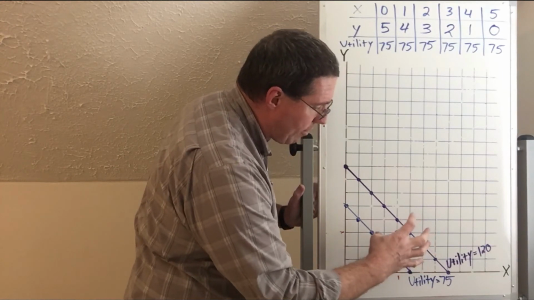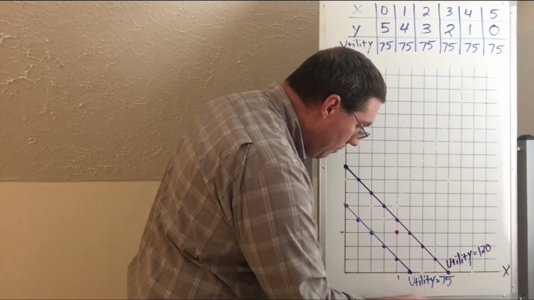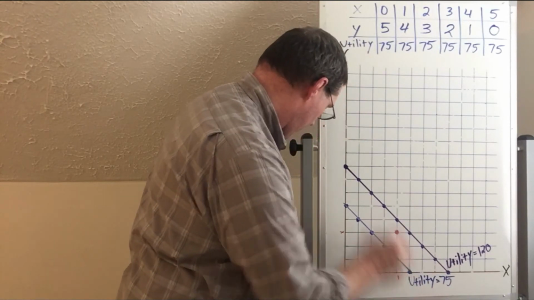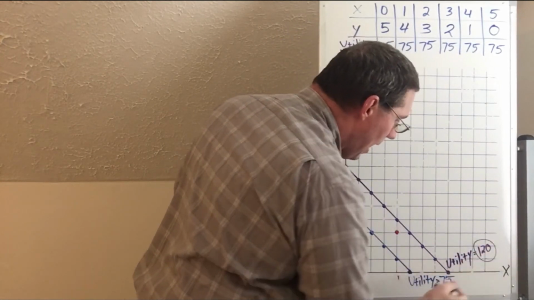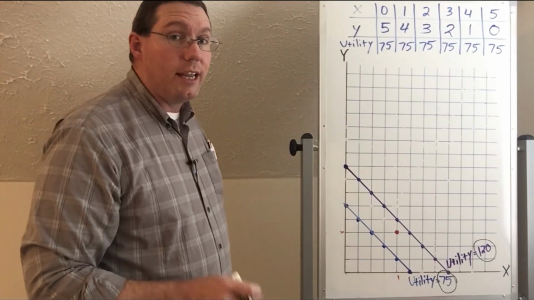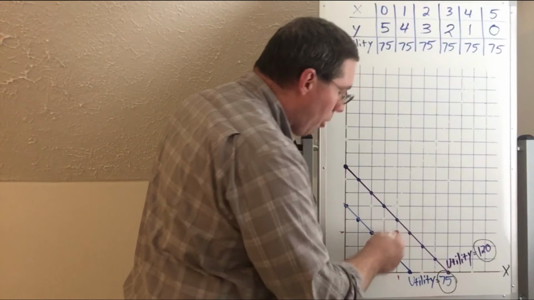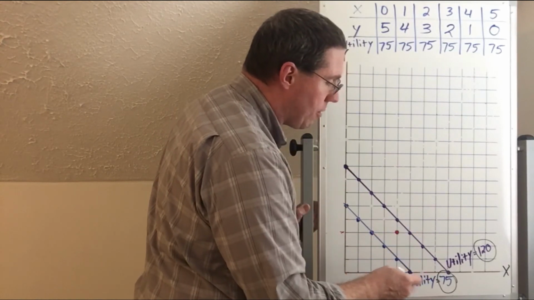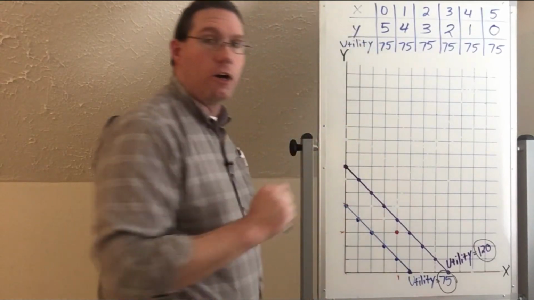Now, we don't know precisely how far between, but that dot is in between a utility of 120 and 75. So we don't know exactly how much the utility is, but we can say that person is going to experience utility between 75 and 120.